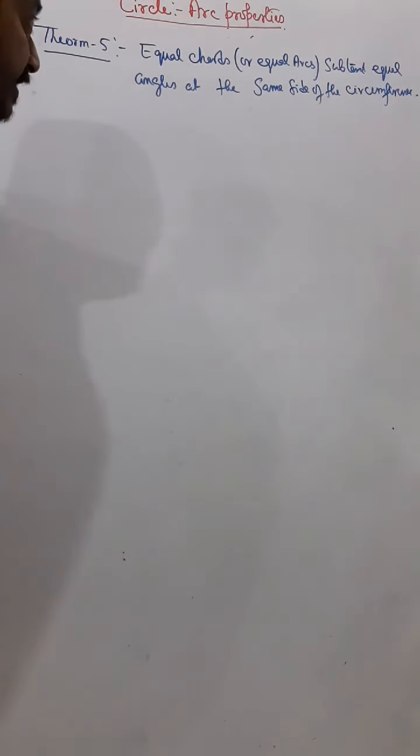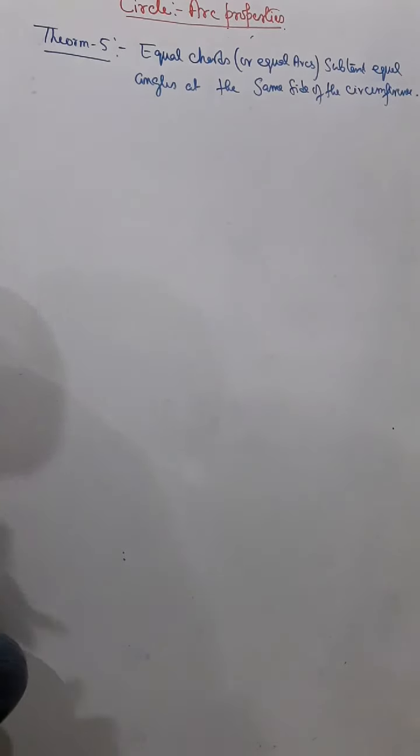Now theorem 5 states that equal chords or equal arcs subtend equal angles at the same side of the circumference.